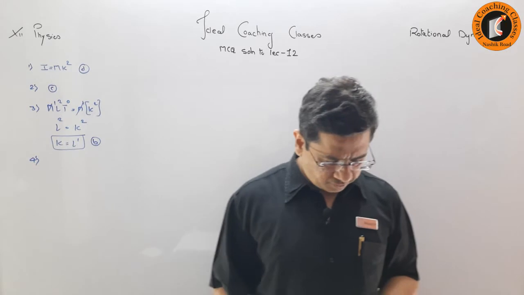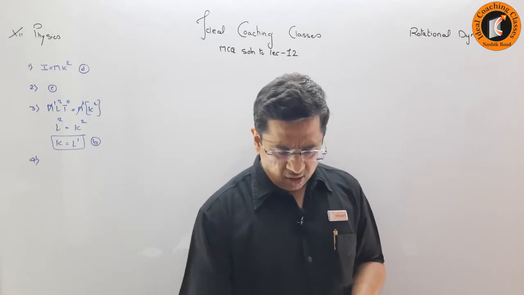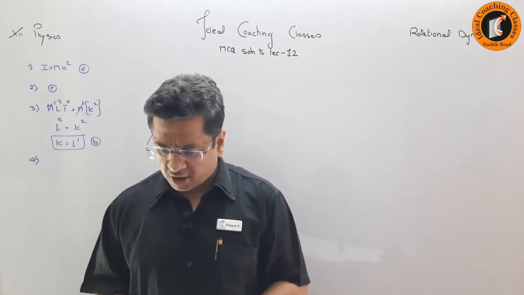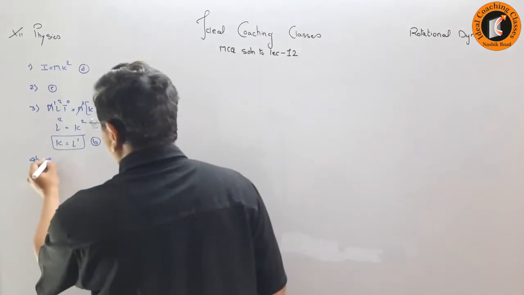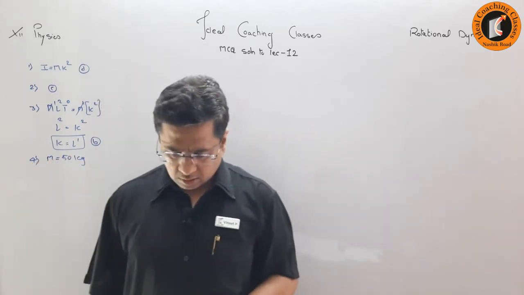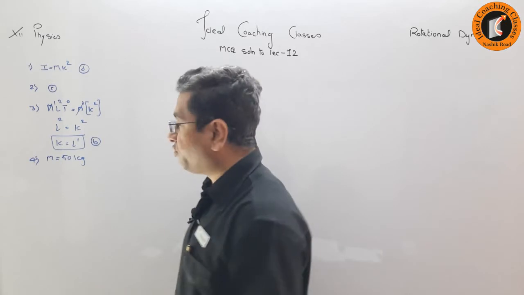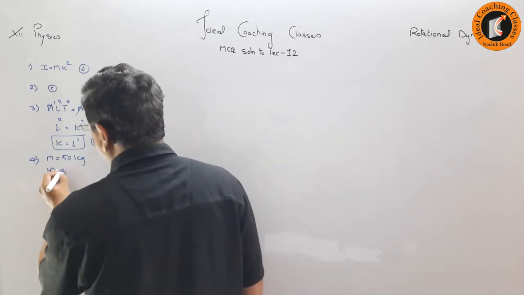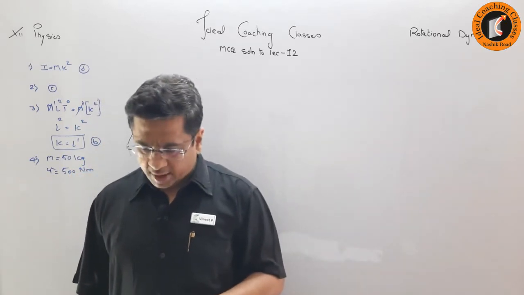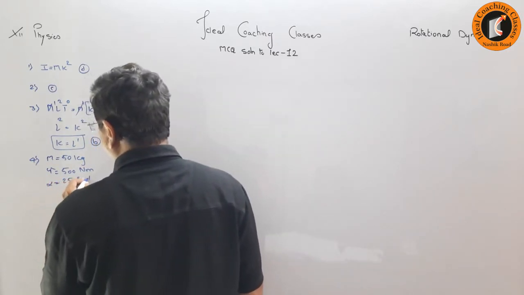Question number 4. The angular acceleration of a body of mass 50 kg, under the action of a torque of magnitude 500 Newton meter, is 25 rad per sec square.